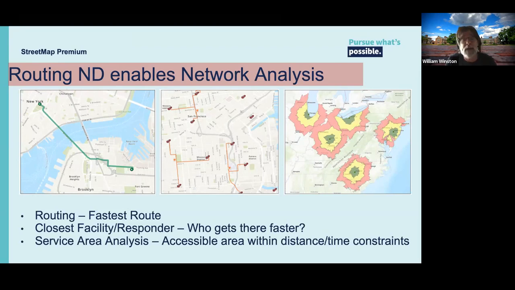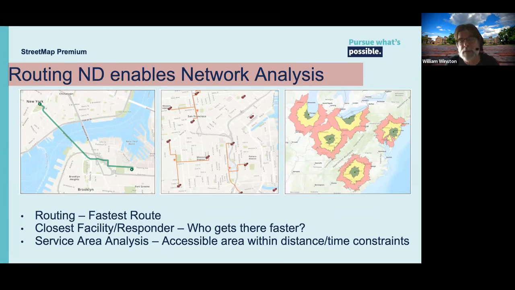In other words, who would be able to arrive at a call faster. Police, fire, and ambulance services would use this type of analysis to determine which of their remote or fixed facilities could actually arrive at a call the fastest.